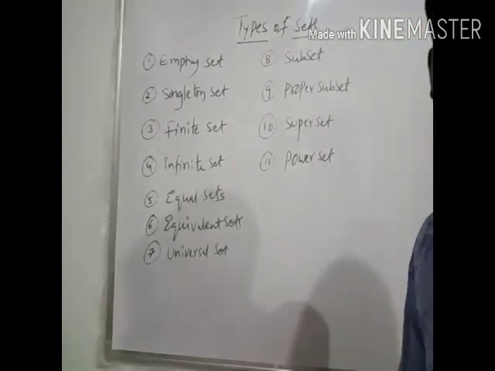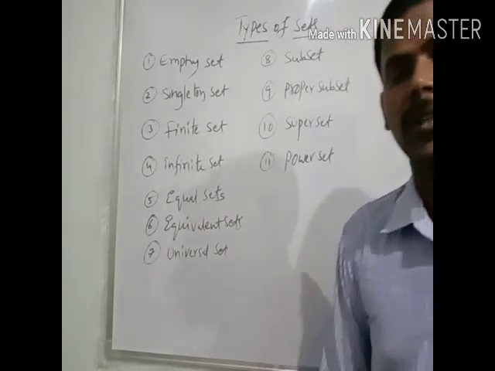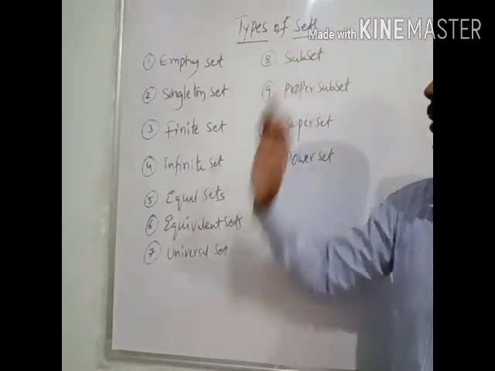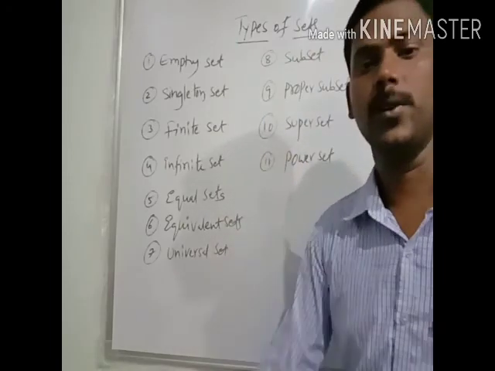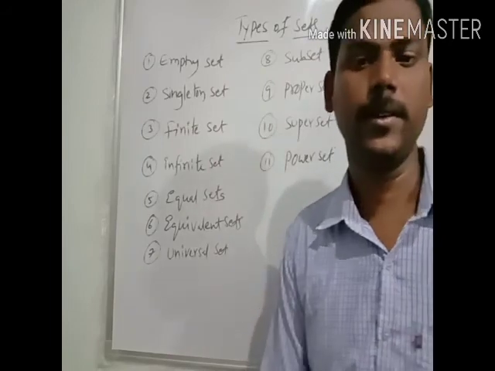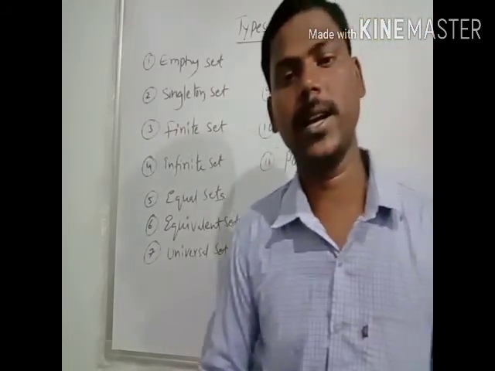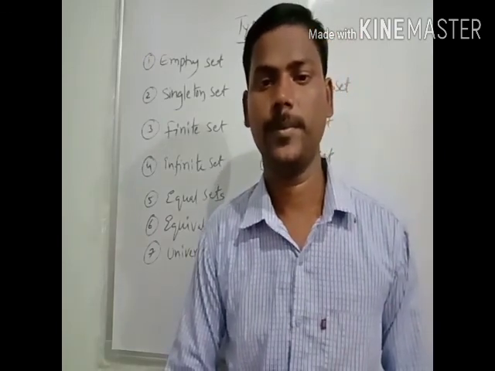The number of elements in a power set is 2 to the power of n. So this is about types of sets and how to find the number of subsets, proper subsets, and elements in a power set. Understood today's class, children? Okay.